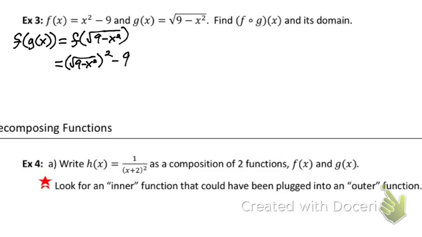Well, the square root and the square are going to cancel out. We'll be left with 9 minus x squared minus 9. Our 9s would cancel out, and I would just be left with negative x squared. That's just it.